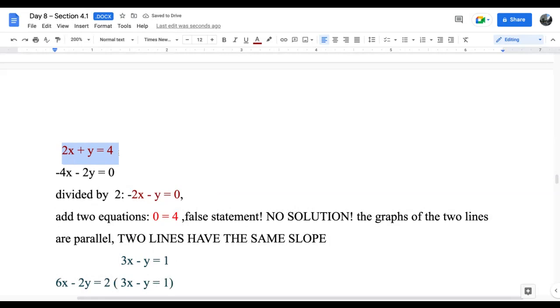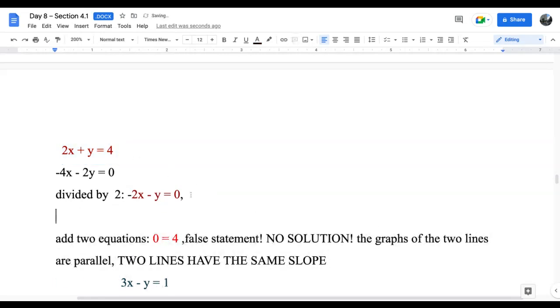Let me just copy the first one. So divide the second equation by 2.